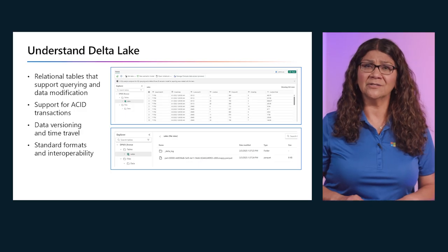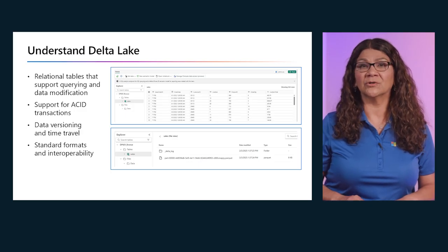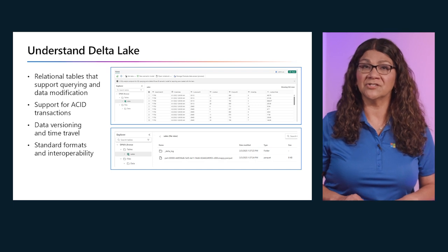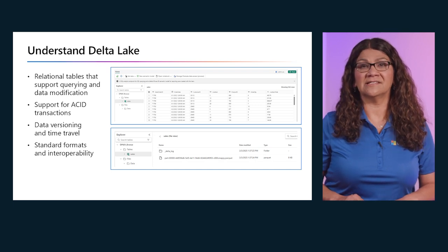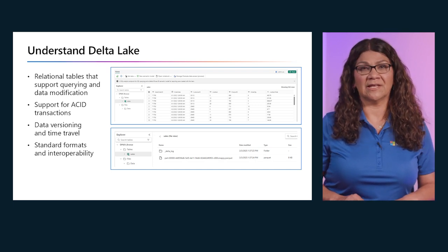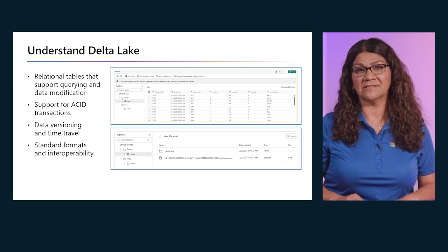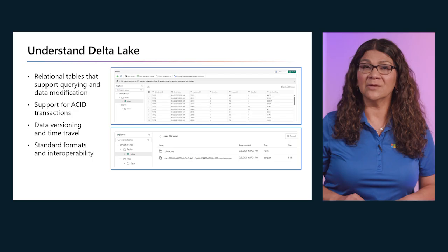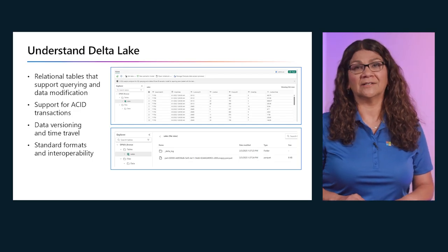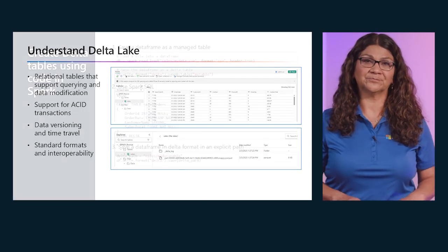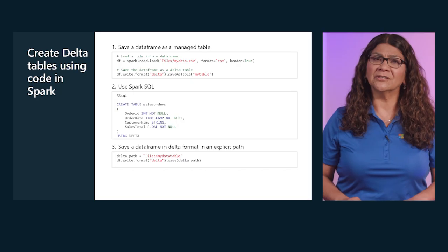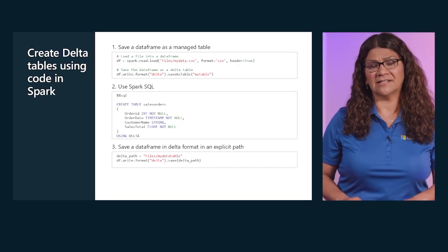The underlying data for Delta Lake tables is stored in the Parquet format, which is commonly used in data lake ingestion pipelines. It is a standard format for interoperability. To query your Delta Lake tables in Microsoft Fabric Lakehouse, use the SQL Analytics endpoint that is created automatically when your Lakehouse is created. Let's give you a little bit more background on Delta Lake tables.